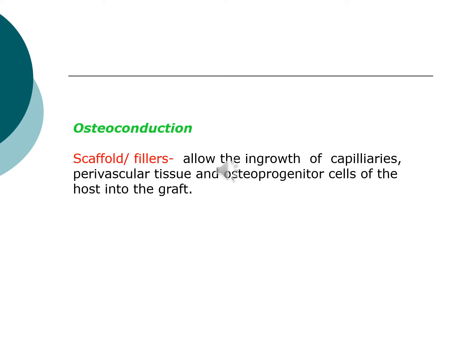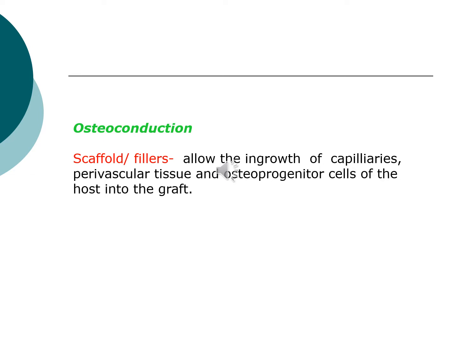Osteoconduction. These bone grafts are just filling materials, space preserving materials. They just allow the ingrowth of capillaries, perivascular tissues and osteoprogenitor cells into them to form new bone.